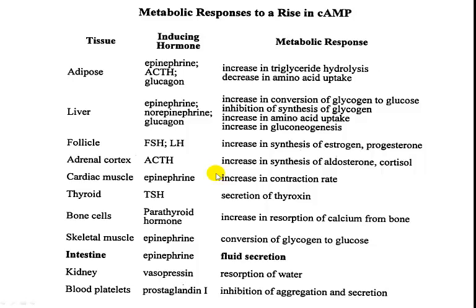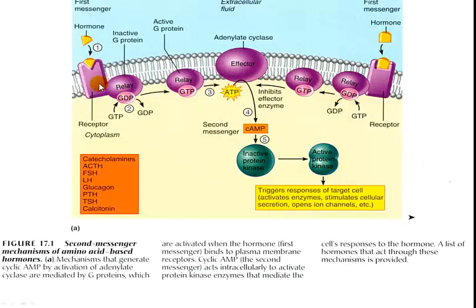So this is what we want to start thinking about: same receptor coupling system, same second messenger system, and then the same intermediate mechanisms. So how do you change the downstream effect?